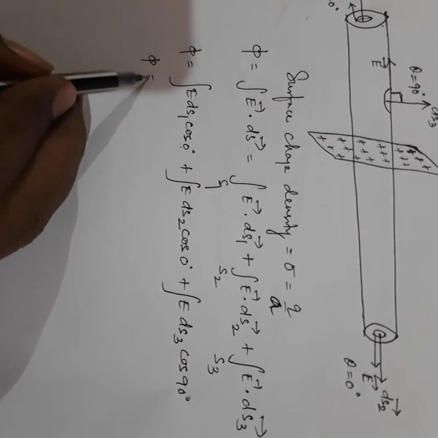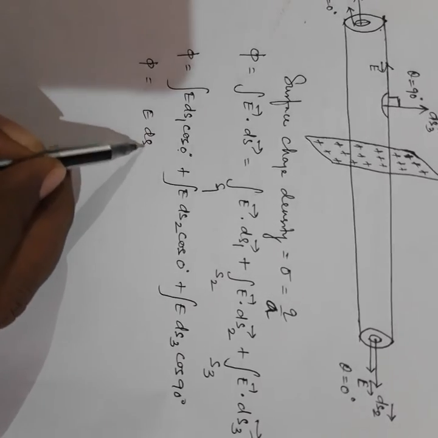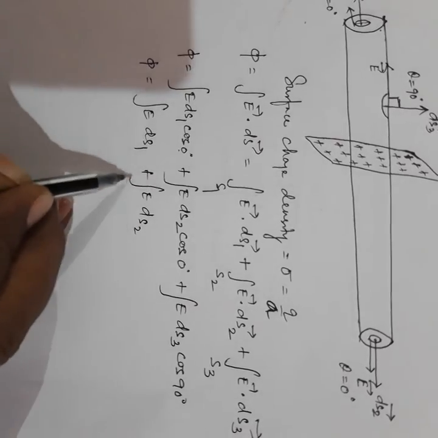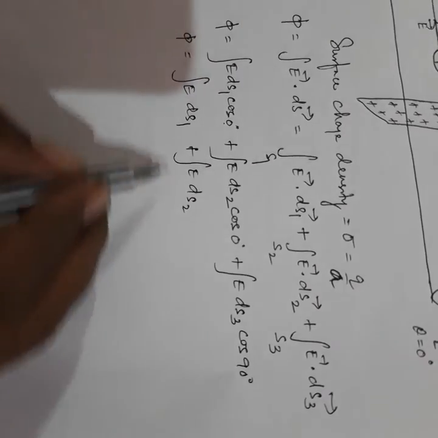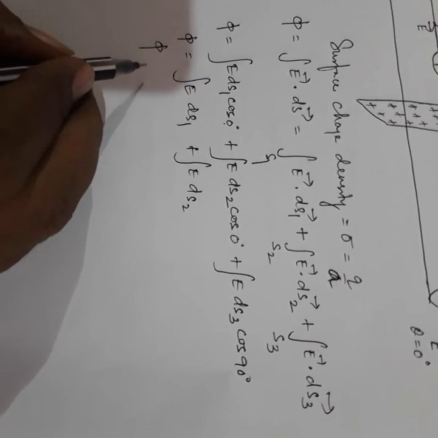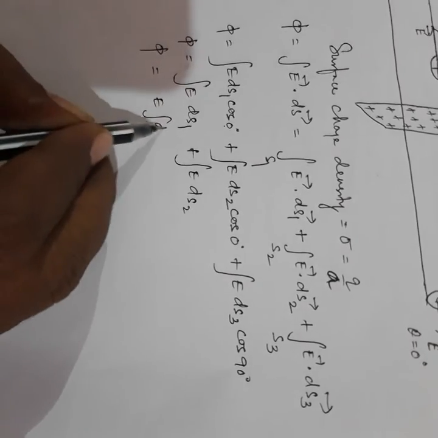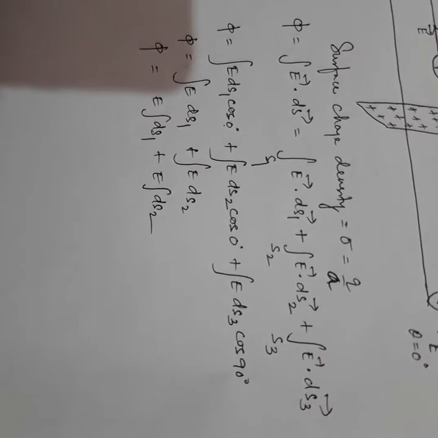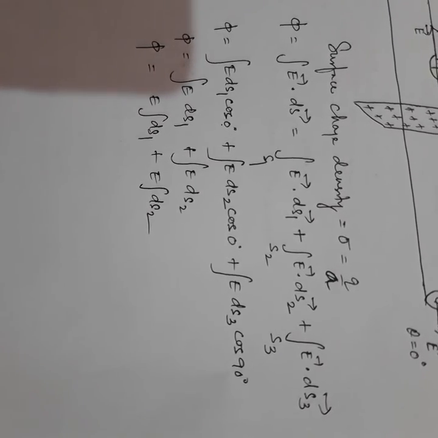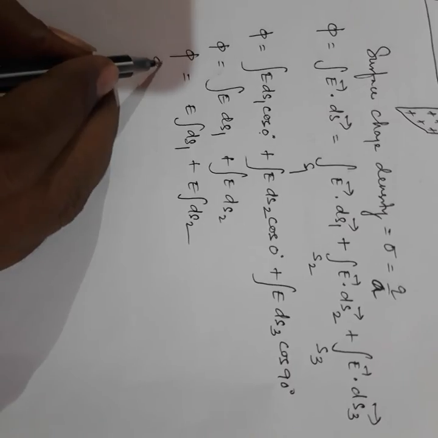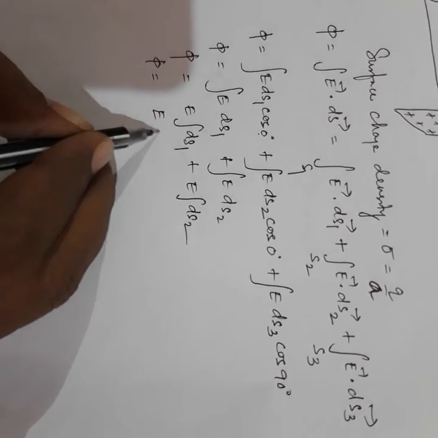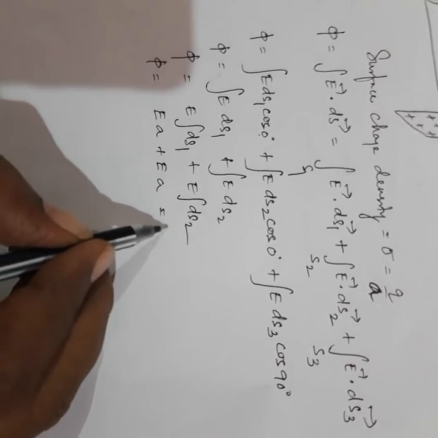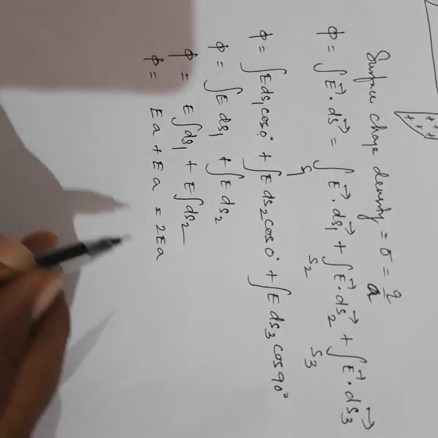So phi is equal to E integration of dS1 plus E integration of dS2, and we'll take here phi is equal to E into A plus E into A, and that is equal to 2EA.